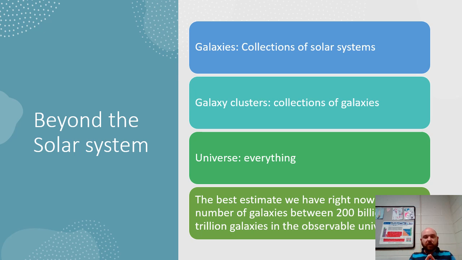The best estimate we have right now puts the number of galaxies between 200 billion and 2 trillion in the observable universe. Not solar systems, not planets, but 2 trillion galaxies. The universe is enormous, too much for us to even imagine.